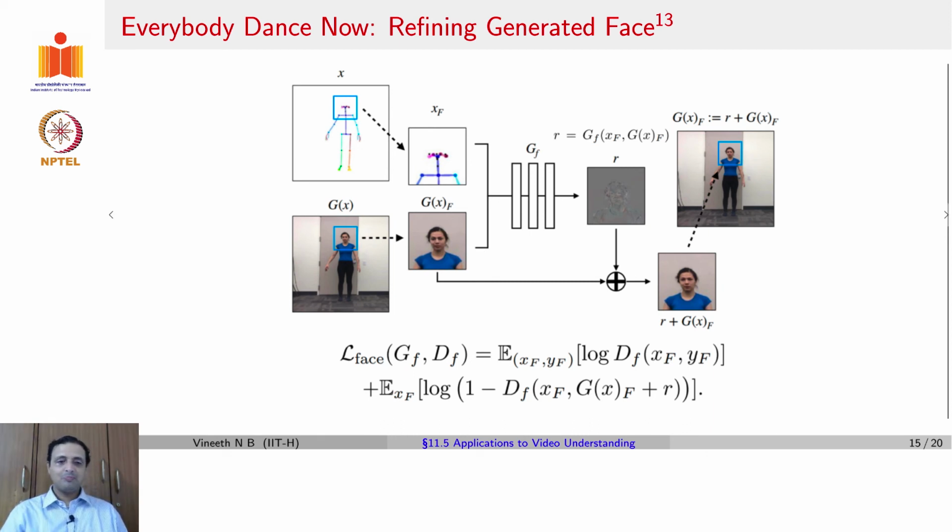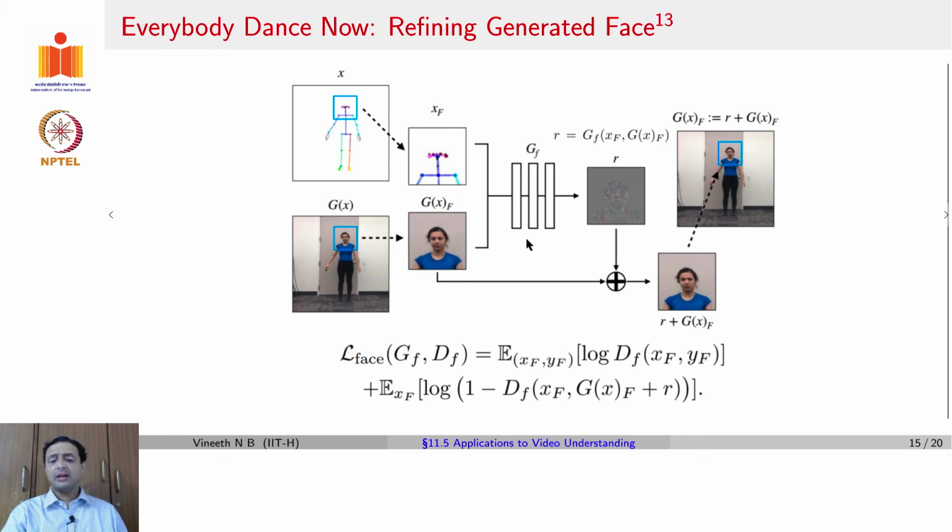In this module, the face portion of the generated image, this GX that was generated in the previous step, a certain region around the face, around the nose of the person, is cropped out, which is given by GXF, and XF is also the pose cropped around the same area.